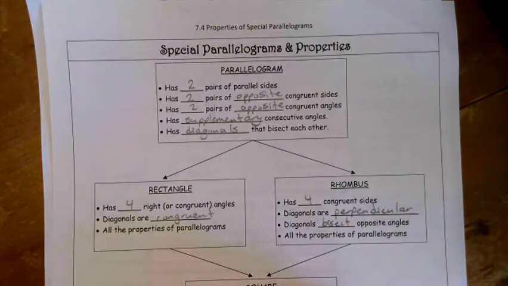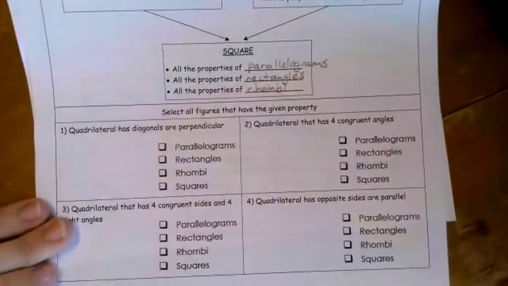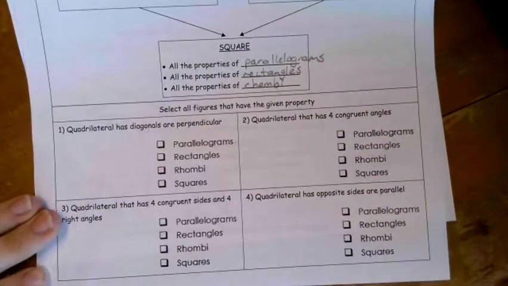Squares have all the properties of parallelograms, all the properties of rectangles, and all the properties of rhombi. So let's do some examples. I'll give you a second to write down that square because I wasn't recording it. Sorry, guys.